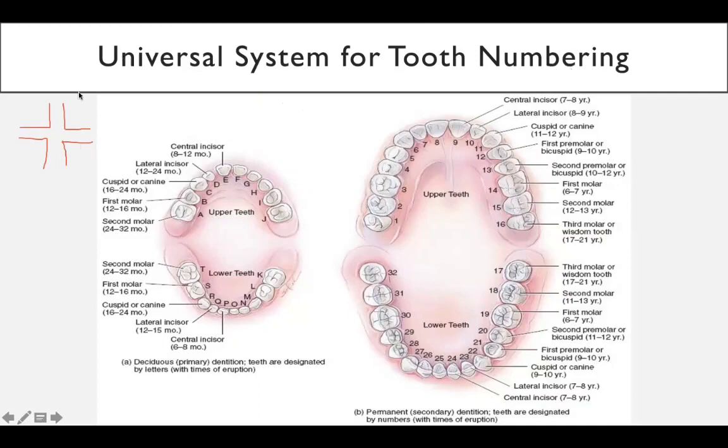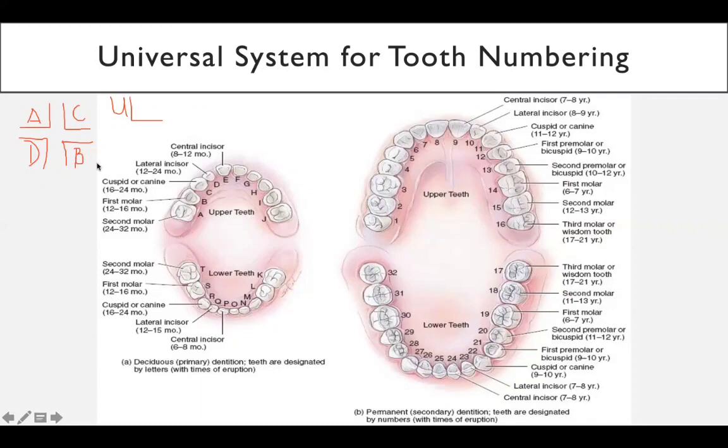So we have, for example, deciduous teeth. Say C here and B here, and then A and D. C is closed from the left side, so patient's left, and free from the upper side, so it's the upper left quadrant, and C is the canine.